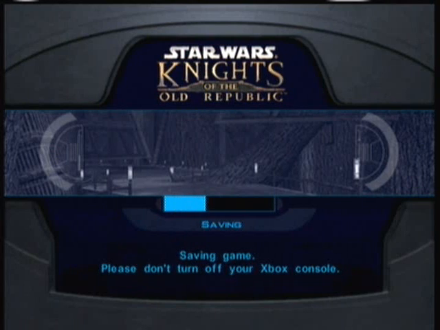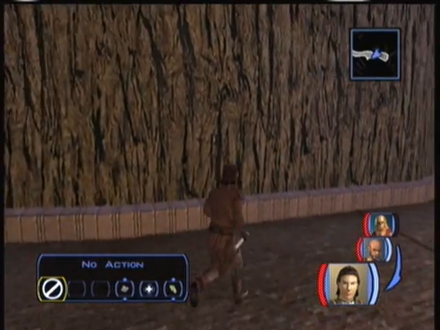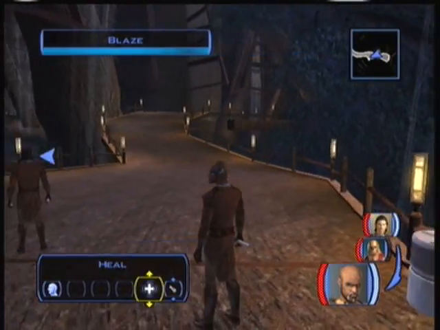Raise. Are we there yet? There we go. We are back on the surface.